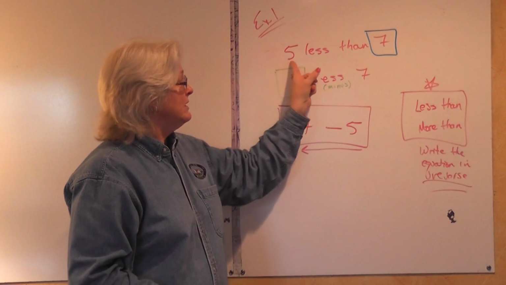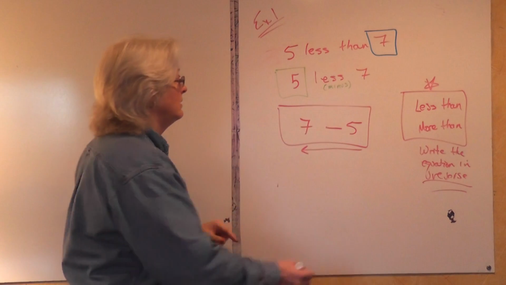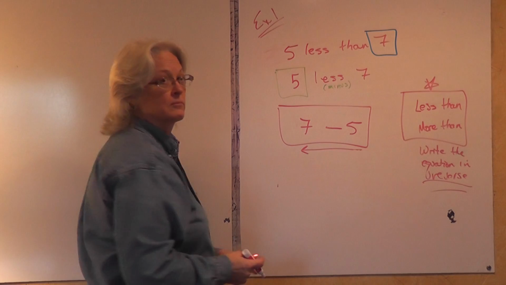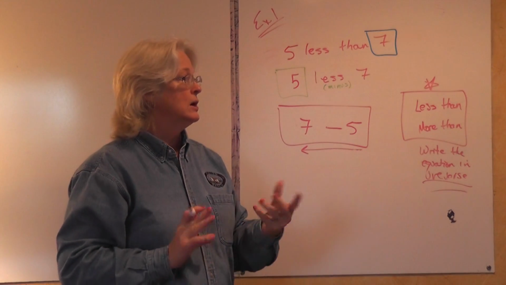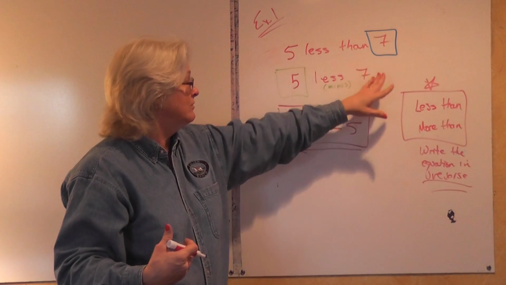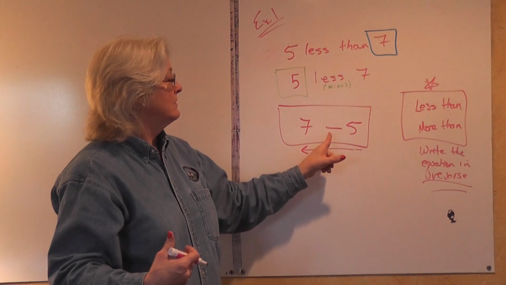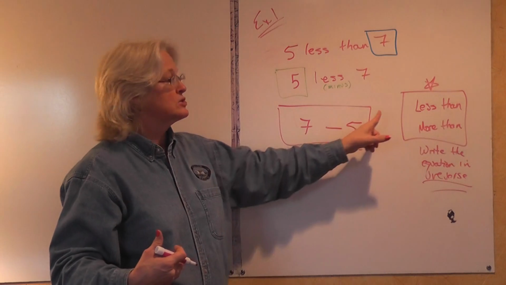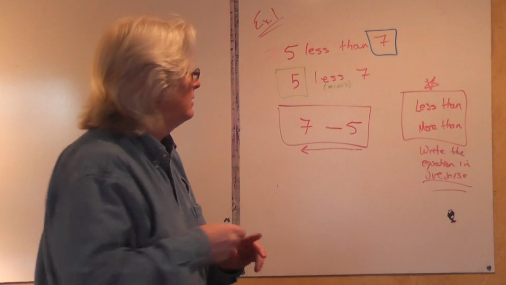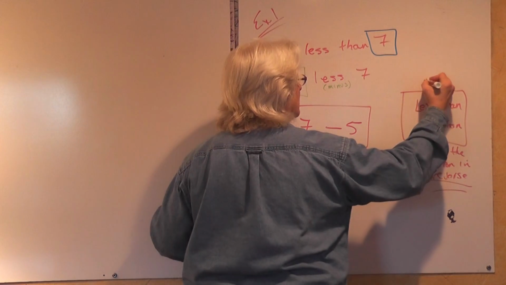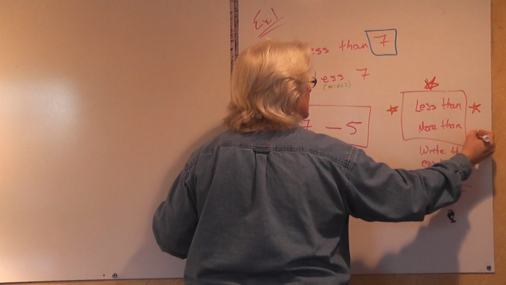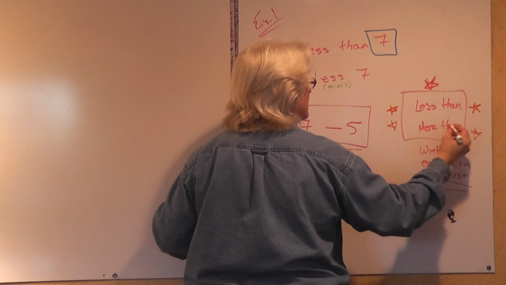But if we want to read the exact order here, 5 less than 7. If you have less than or more than, you can write that expression in reverse. But it's only when you have less than or more than. Those are the only times that you can do this. Less than, more than.